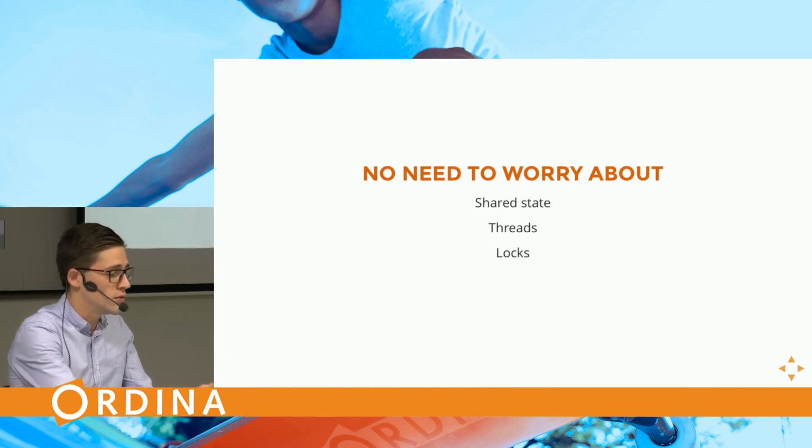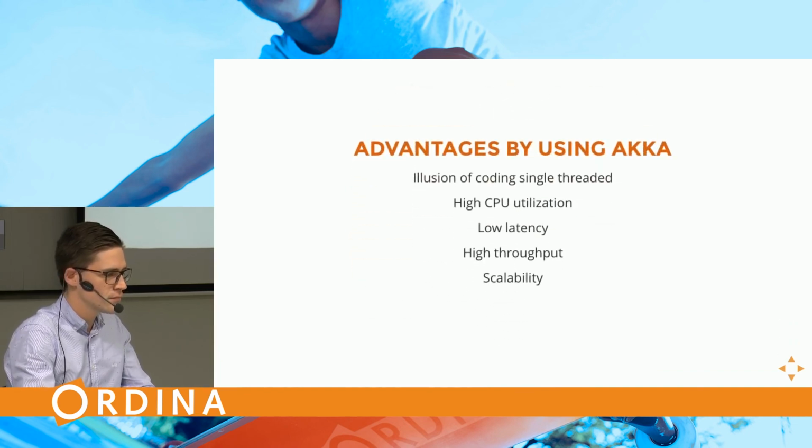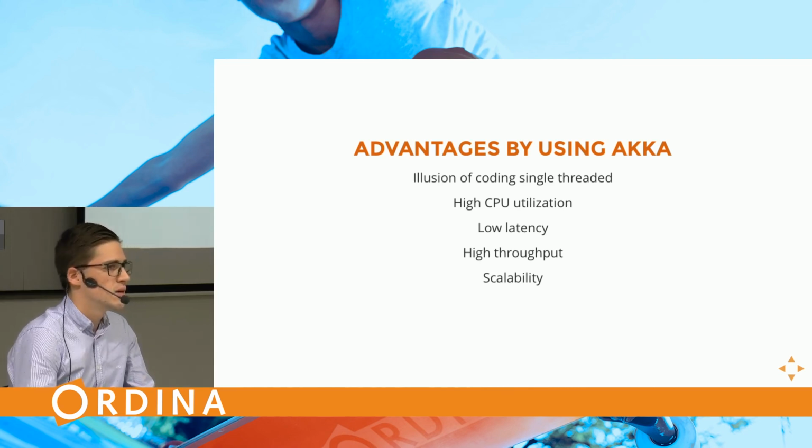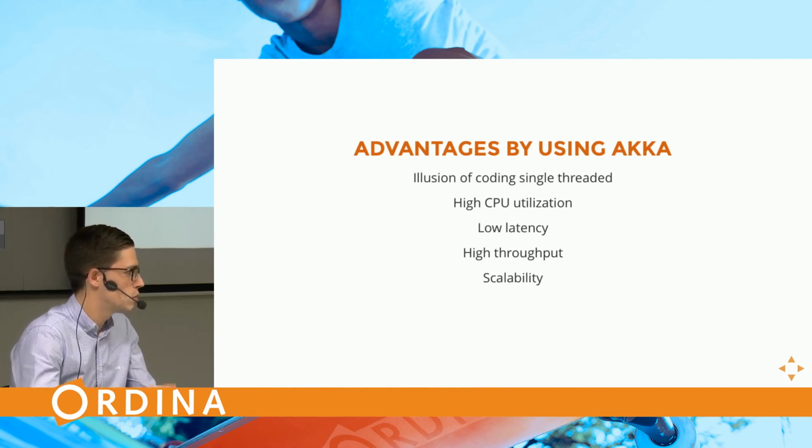All these are taken care of by Akka for you, and that is one of the major advantages of using Akka. You basically have the illusion of coding a single-threaded application. But all the code that you are writing is actually asynchronous and multi-threaded, all being handled for you by Akka. You have the ease of just writing a single-threaded application.